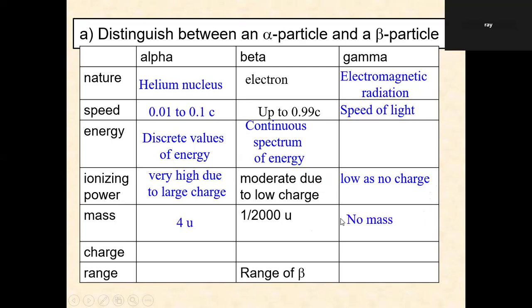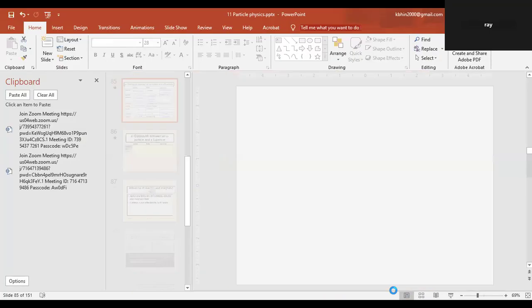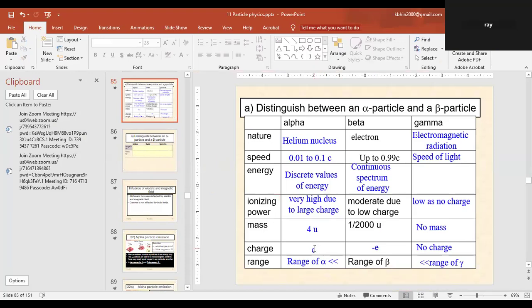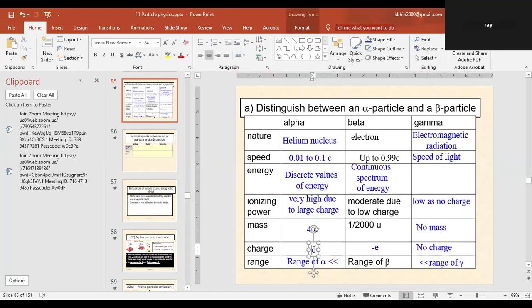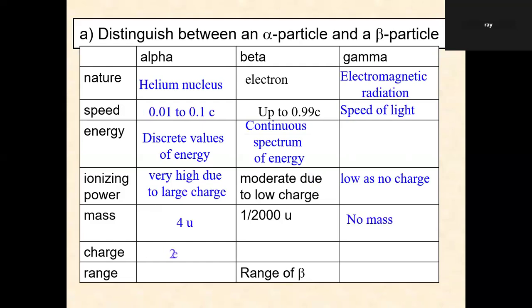Gamma, no mass, no charge. Alpha charge should be 2e. Beta is minus e, gamma, no charge.